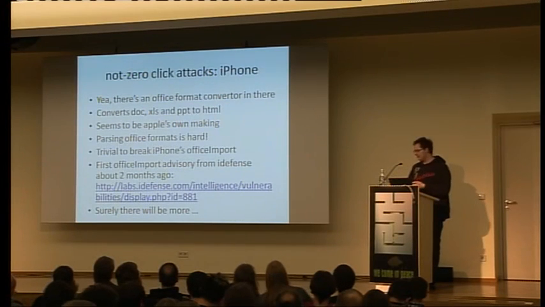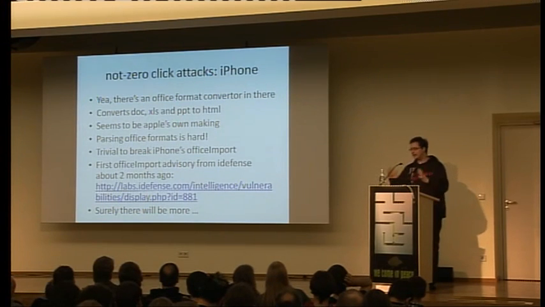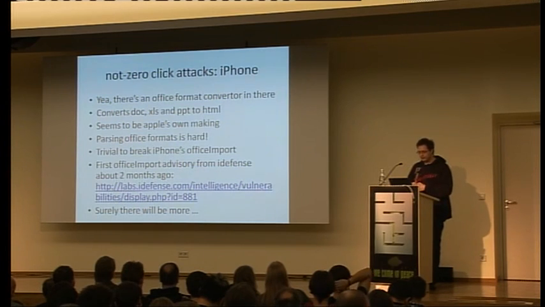They have a utility or a library for this called Office Import, which, by the way, is a private API, so you can't touch it as a developer, but it's there. I think the first public vulnerability, as far as I know, for Office Import came out about 2 months ago in an iDefense Advisory. There will be more. I'm very confident there's going to be more.